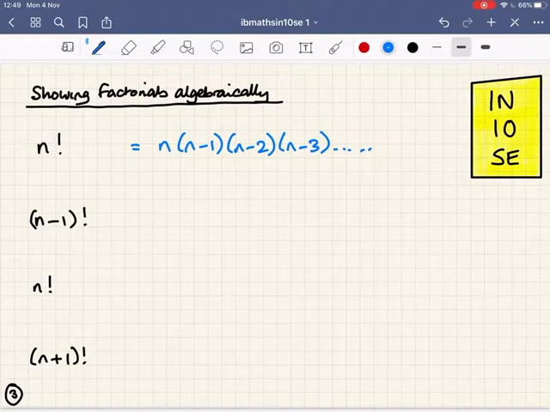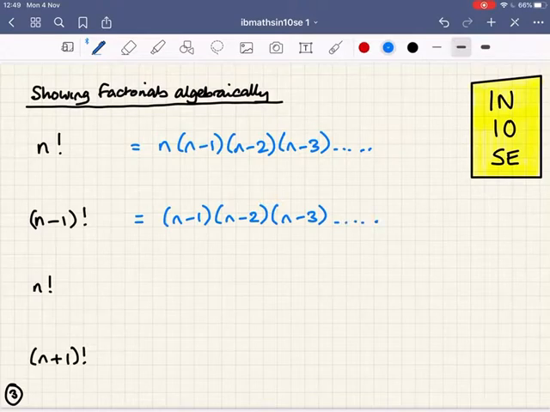Similarly, n minus 1 factorial is going to start with n minus 1, and it's going to be multiplied by 1 less than that, n minus 2, and then 1 less than that, and so on until it gets to 1. But take a look at those two.